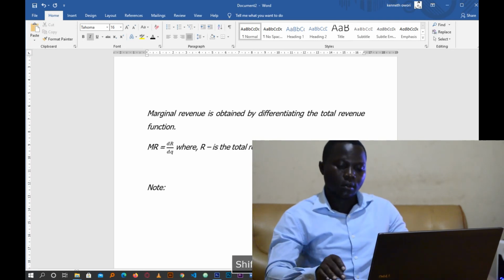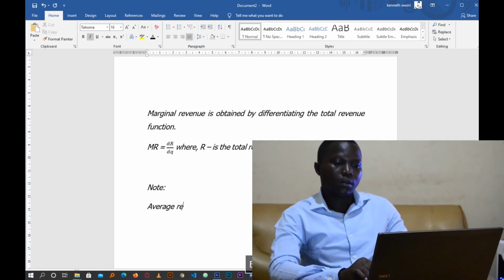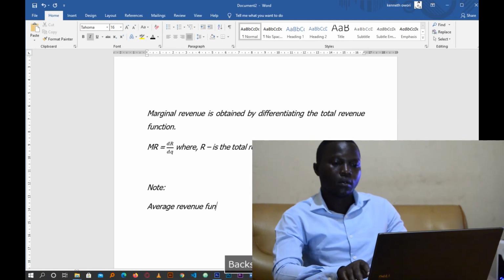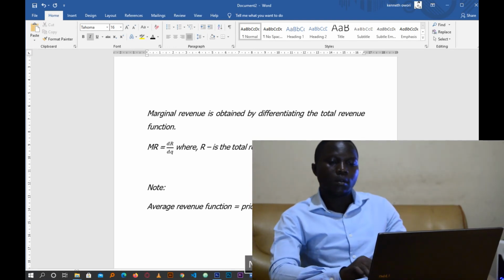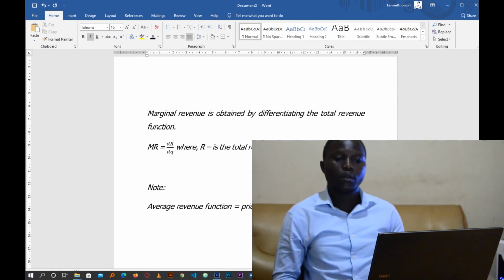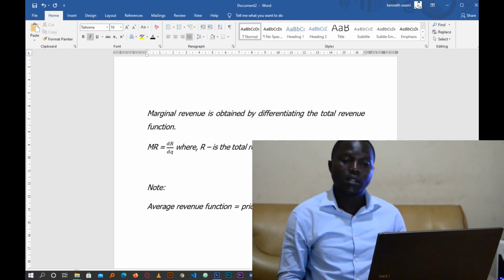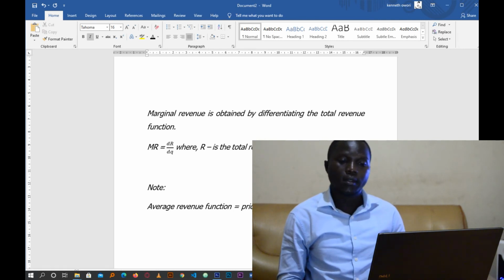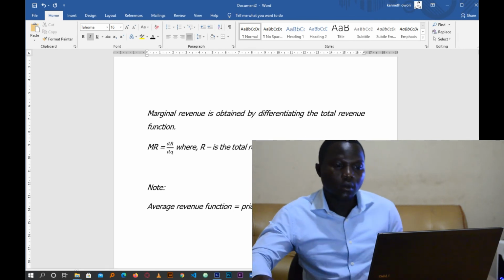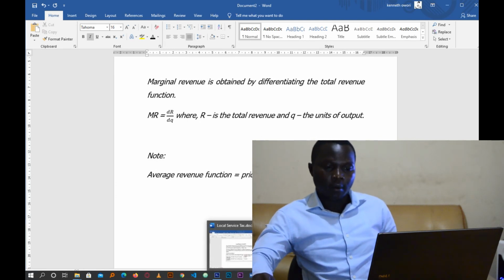Average revenue function is the same as the price function. It is also the same as the demand function. So whenever you're faced with a question giving any of those, you must know that the price function is the same as the demand function and the average revenue function. They all mean the same thing. So once you meet it in a question, don't get confused by that.